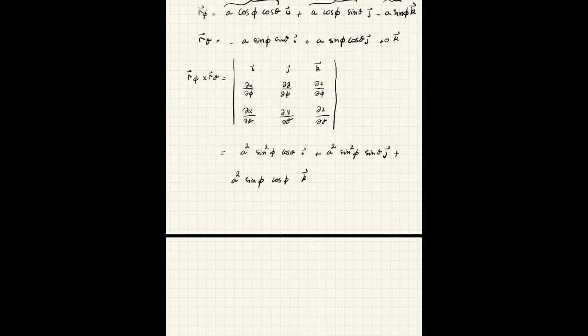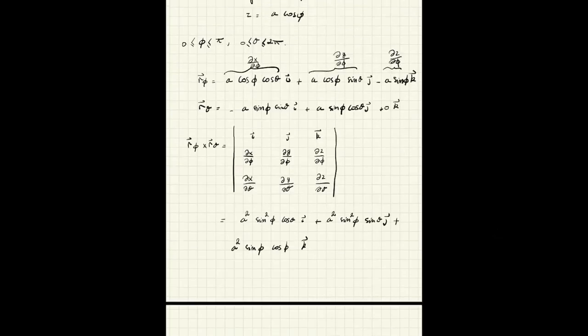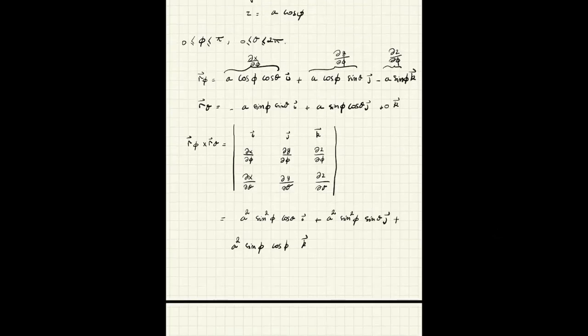You just have to multiply. Like, see, for example, this is del z del theta, and this is del x del theta.